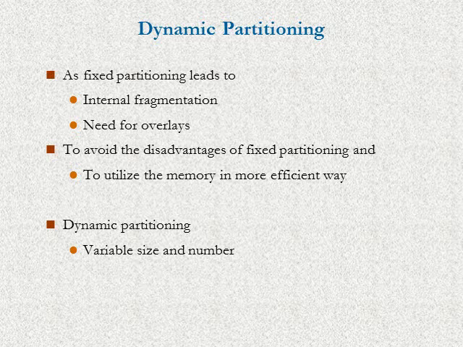On the other hand, if an incoming process is of 1 MB, we can allocate a partition of 1 MB to it. So in this way, we can allocate the exact amount of memory that is required by the process. So this avoids the disadvantages that we have to encounter in the case of fixed partitioning. So let's have its example on the coming slide.